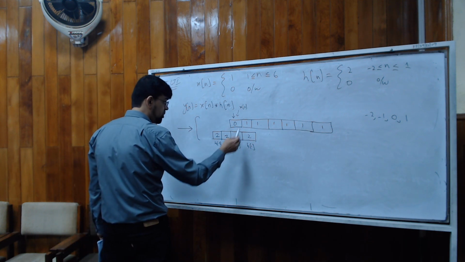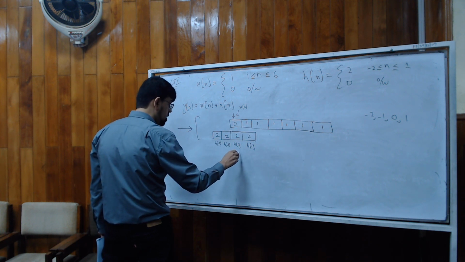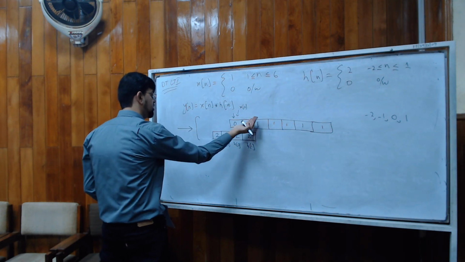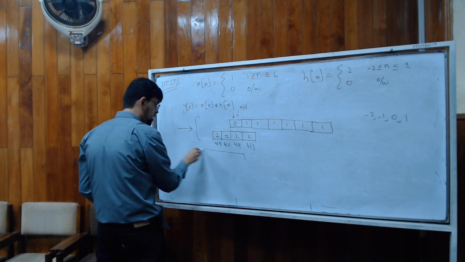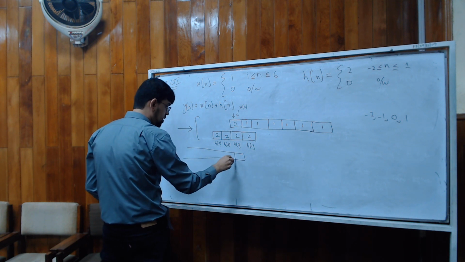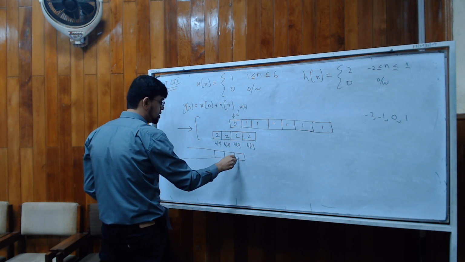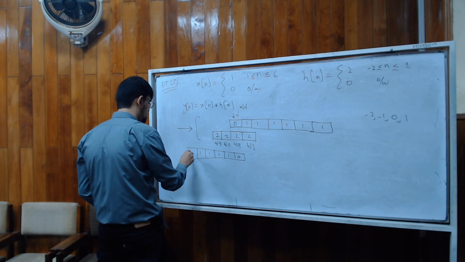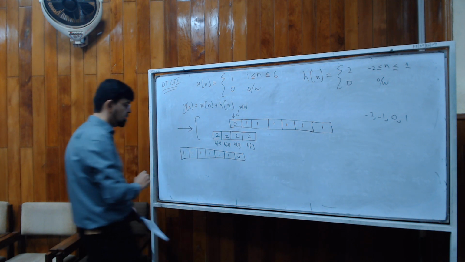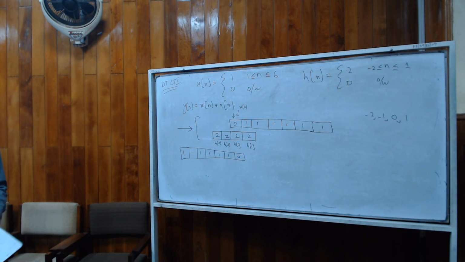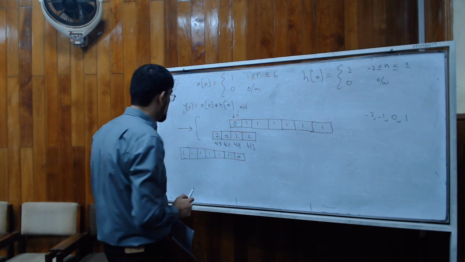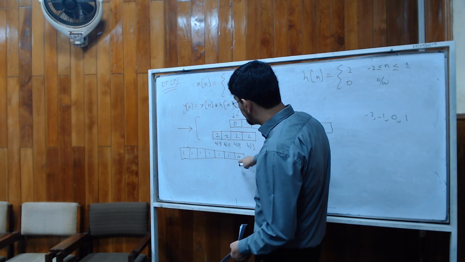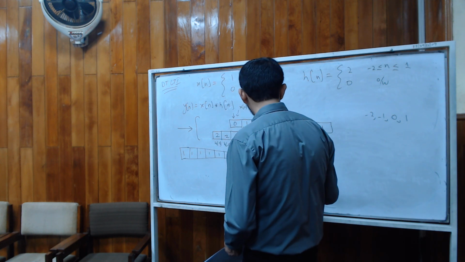Let's say we decide to flip x, and if you flip it along the pivot, you should be able to see that it looks like this: 0 1 1 1 1 1 2 3 4 5 6. Yes, this is the flipped one.